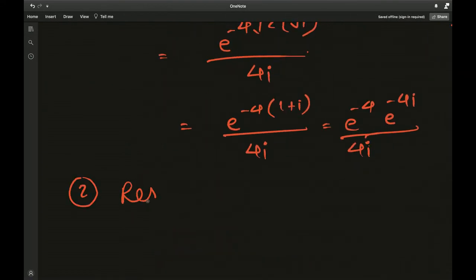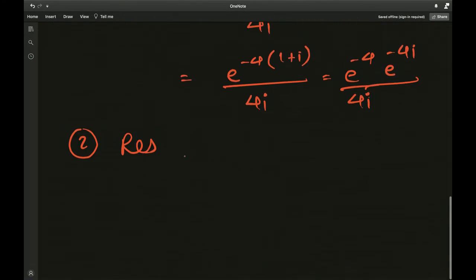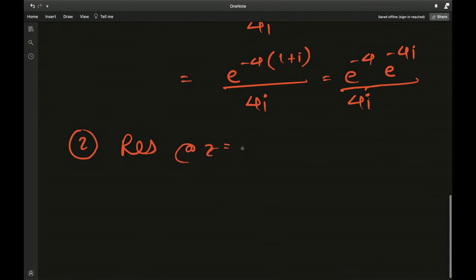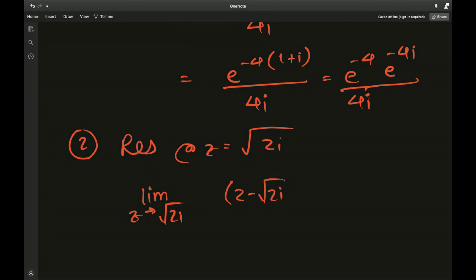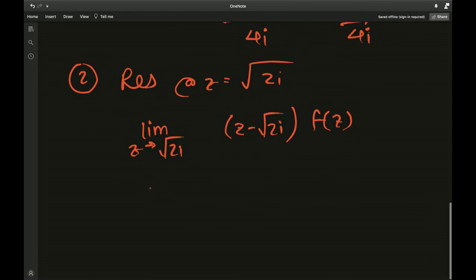Residue number 2 is at z equals square root 2i. So again, repeat the process. So z minus square root 2i times f of z in this limit. These are simple poles of order 1, that's why. You'll have the limit as z goes to square root 2i.